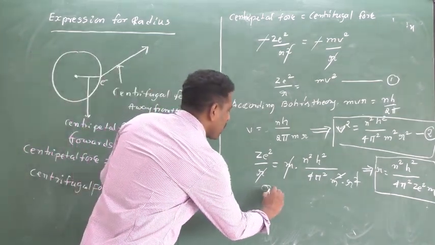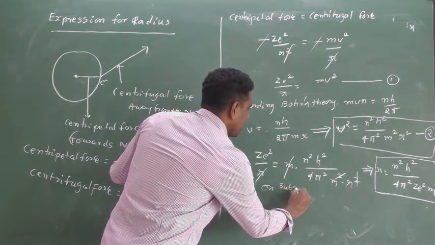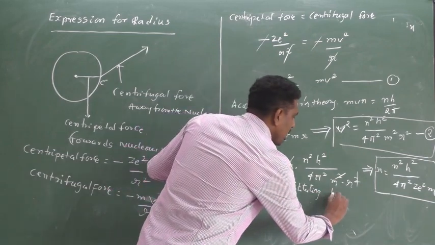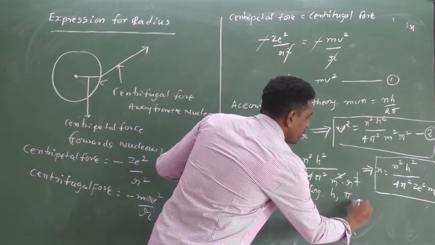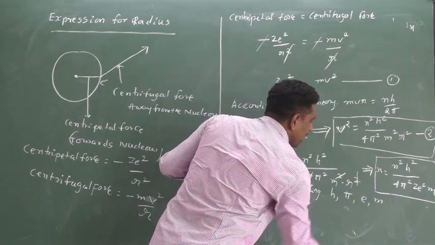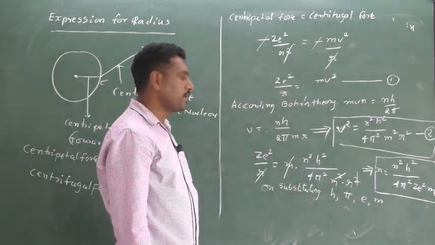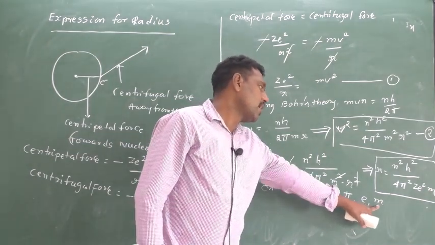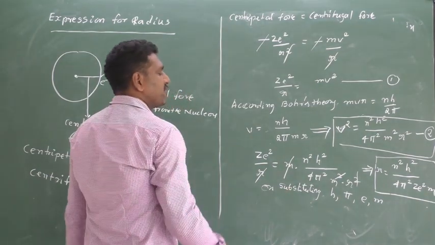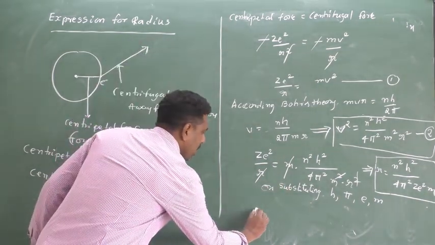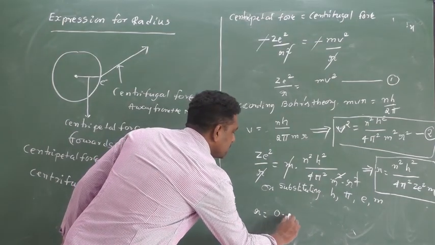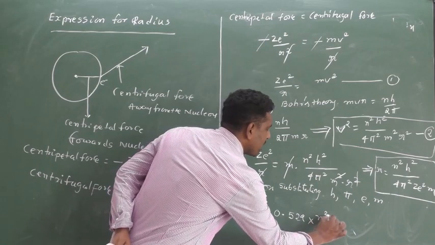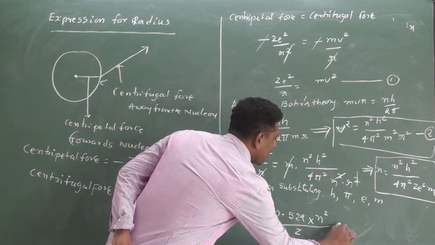On substituting the h value, pi value, e value and m value, where h is Planck's constant, pi is a constant, e is the charge of the electron, and m is the mass of the electron, we get r equal to 0.529 into n square by Z in angstroms.